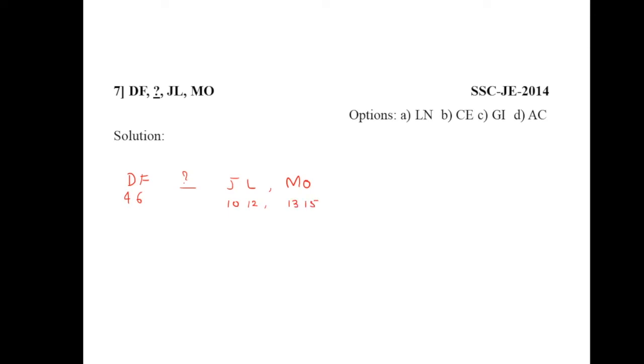So each difference is 2, right? 4 plus 2 becomes 6, 10 plus 2 becomes 12, 13 plus 2 becomes 15. So what is the difference between L and M now? L is 12, M is 13, so it differs by 1, right?